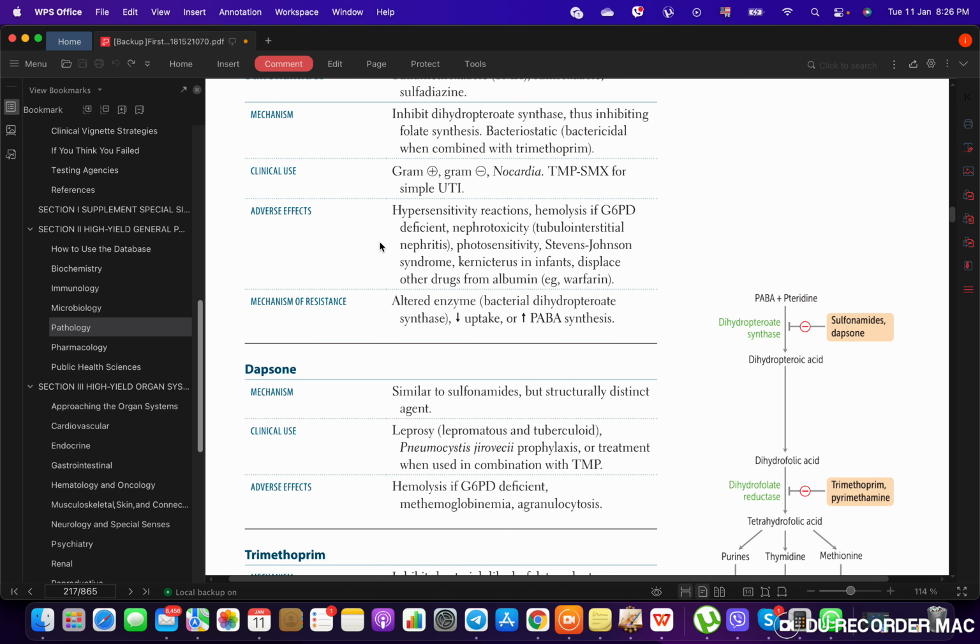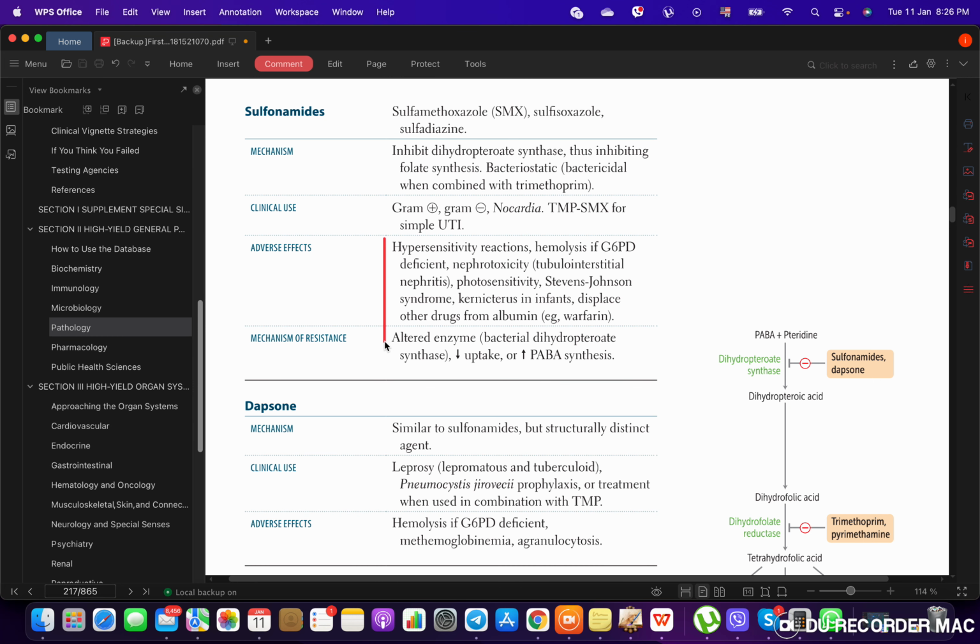Okay, next, we have the adverse effects of this medication. Wow, we have a list. This list means that there are a lot of side effects, but to be fair with you, they rarely occur. Hypersensitivity reaction, hemolysis in G6PD deficiency because it's a sulfa drug, nephrotoxicity leading to tubulointerstitial nephritis.